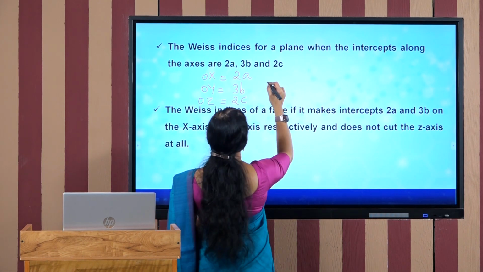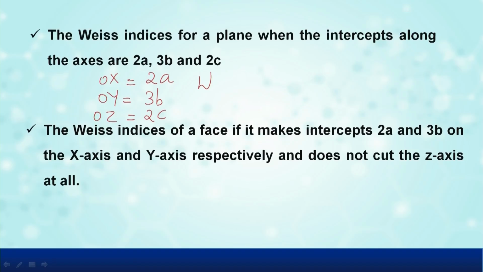So, what will be the Weiss indices? You have to take the coefficients of a, b and c. So, that will be 2, 3 and 2.